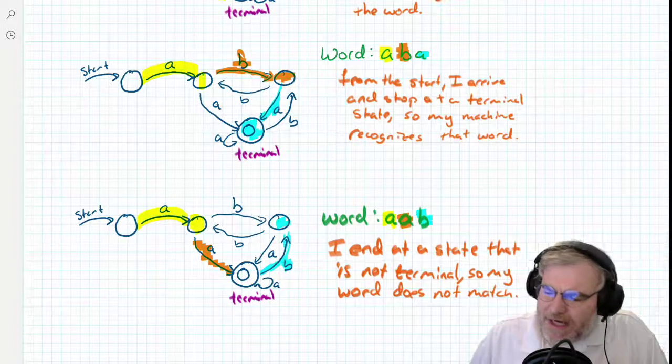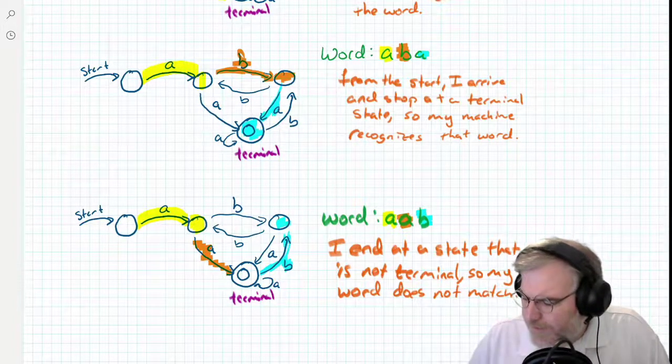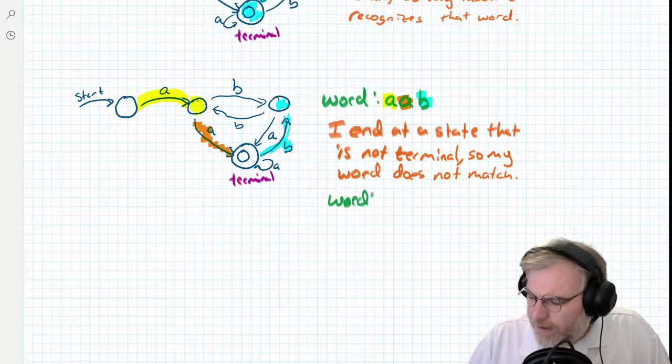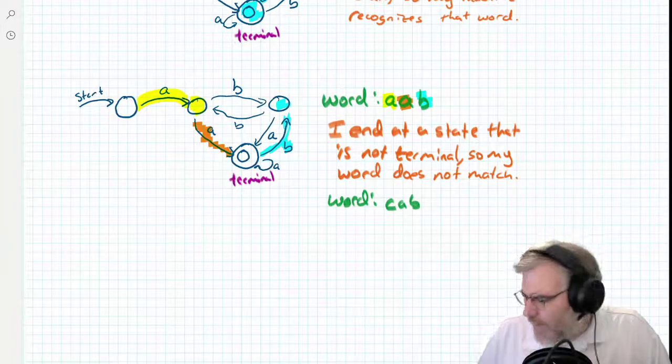Would this recognize any word that had a C in it? I should mention that. So let's say the word is CAB. Okay. So same automata here.